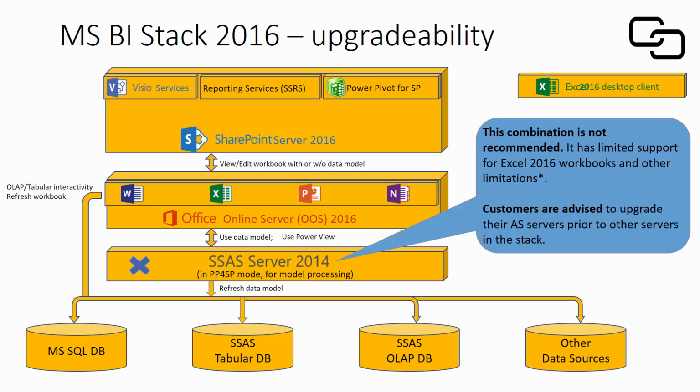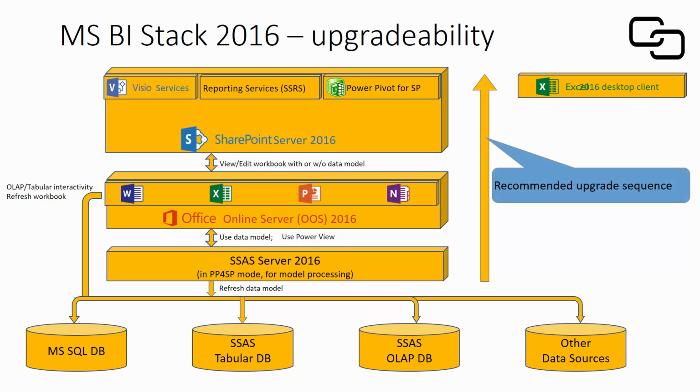The reason it is not recommended is because if you happen to author your workbooks with the 2016 desktop client, this 2016 desktop client may utilize new DAX functions, and these new DAX functions will not be able to function correctly on SSAS 2014. So customers are advised to upgrade their AS service prior to other services in the BI stack.